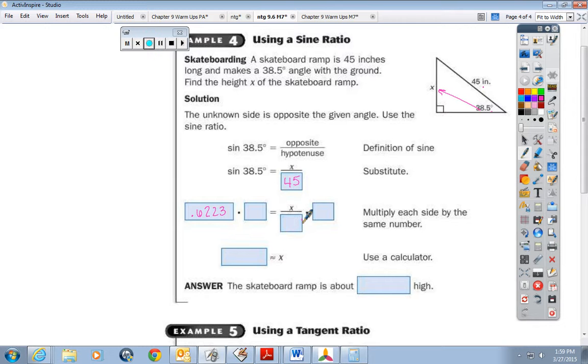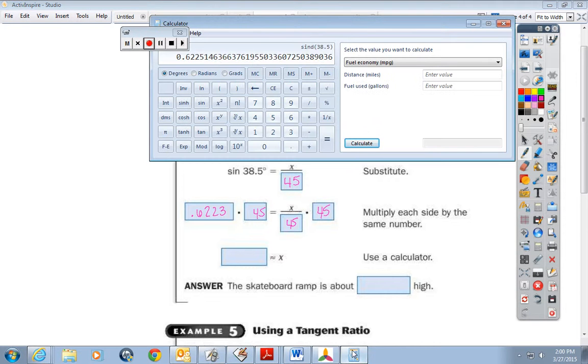What's the opposite of dividing by 45? Multiplying. So if I type in this times 45, what do I get? 28.013. And that's it. That's your answer.